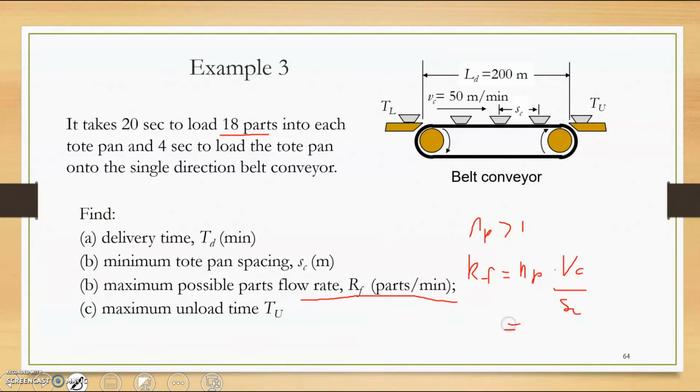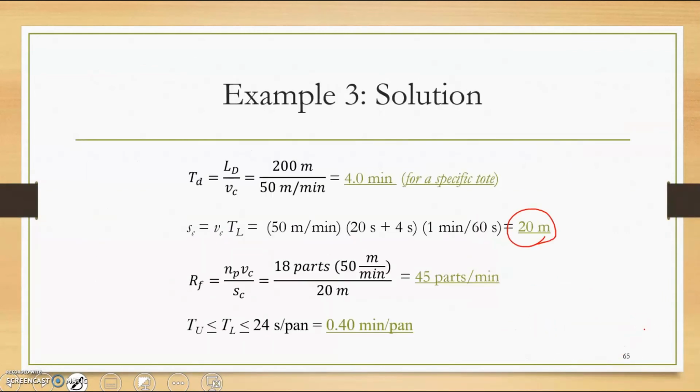NP is 18 times VC, 50 meters per minute, over SC. We calculated SC, which is 20 meters. Solving for this, we will get 45 parts per minute.